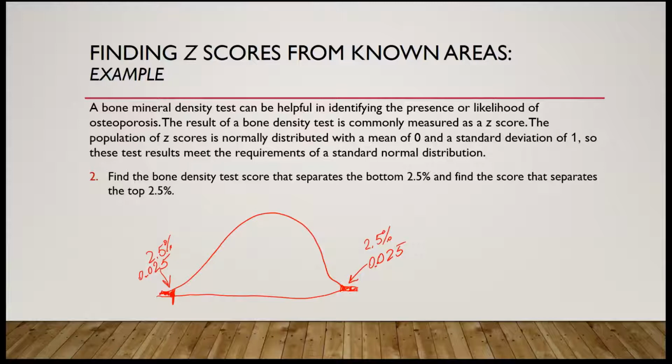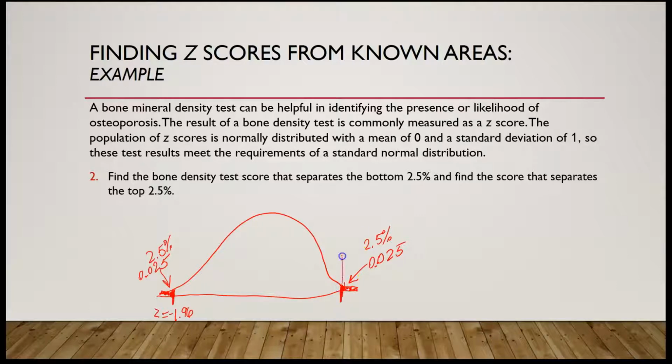The bone density test score of negative 1.96 separates the bottom 2.5%. Now let's find the test score that separates the top 2.5%. If you want to use Table A2, keep in mind that the table shows the areas located to the left of the z-score.